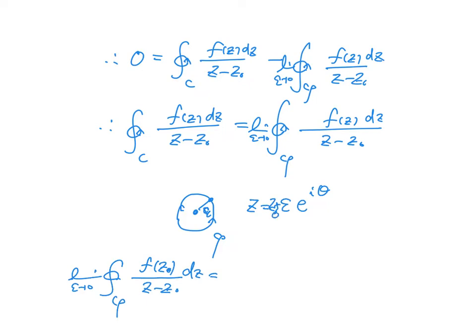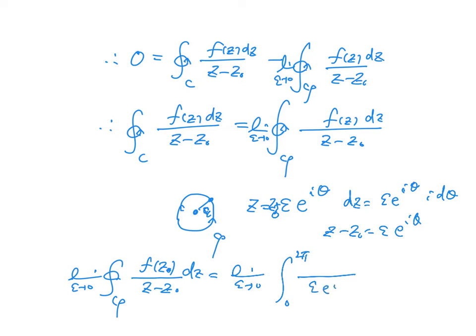z minus z naught is epsilon exponential I theta, so dz is epsilon exponential I theta, I d theta. So it becomes, as epsilon goes to 0, the integral from 0 to 2 pi of f of z naught plus epsilon exponential I theta, times I epsilon exponential I theta d theta, divided by epsilon exponential I theta.